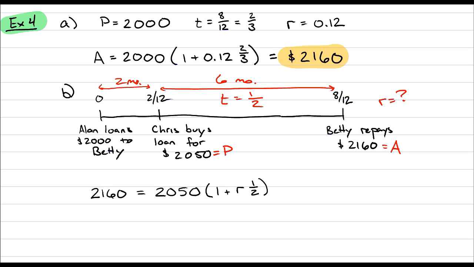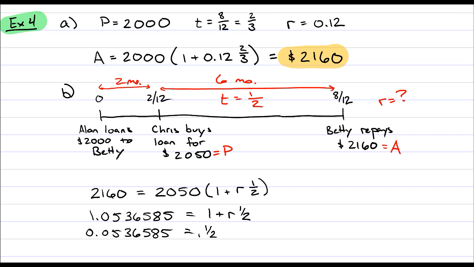So I divide both sides by 2,050, and I get 1.0536585 equals 1 plus R times 1/2. I subtract 1 from both sides to get 0.0536585 equals R times 1/2.